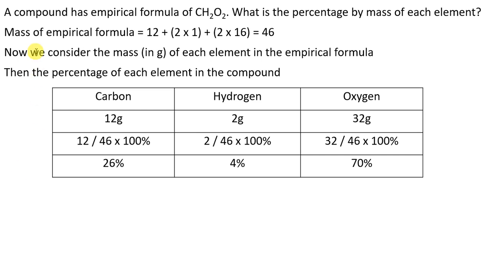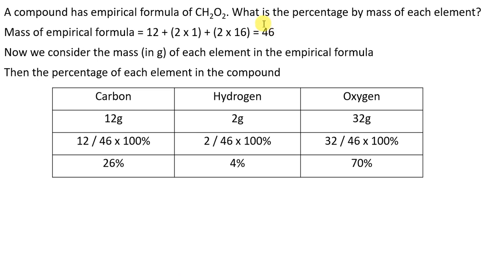Next, a compound has empirical formula CH2O2. What is the percentage by mass of each element? Alright, now I'm working backwards here. Get the mass of the empirical formula. 12 for carbon, 2 times 1 for the 2 hydrogens, 2 times 16 for the oxygens, adds up to 46. Now we consider the mass in grams of each element in the empirical formula.